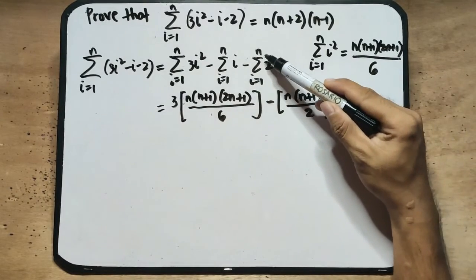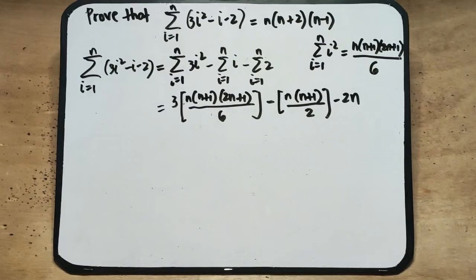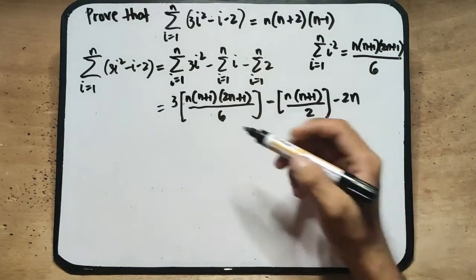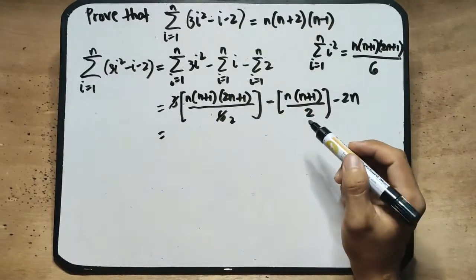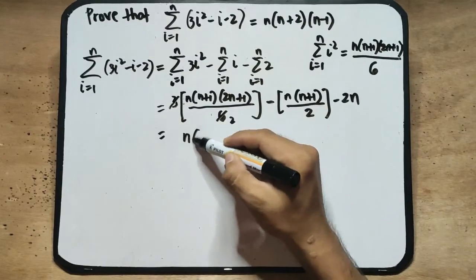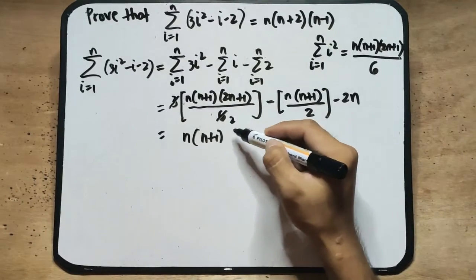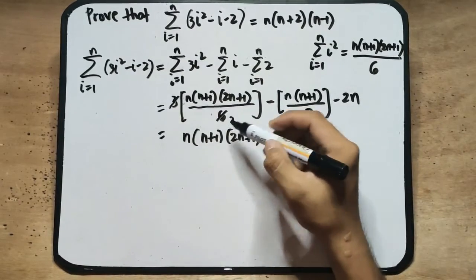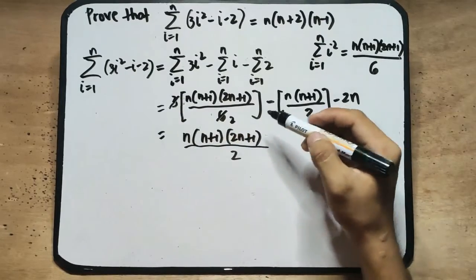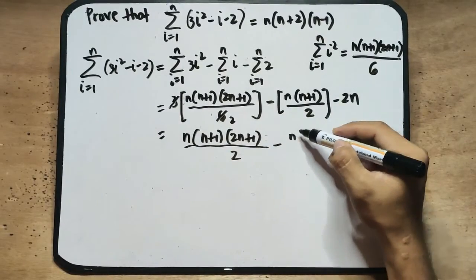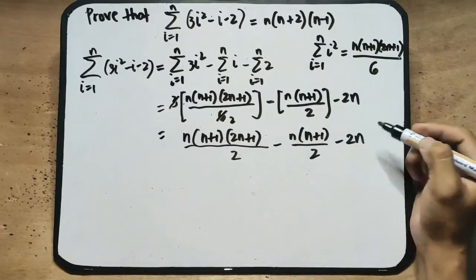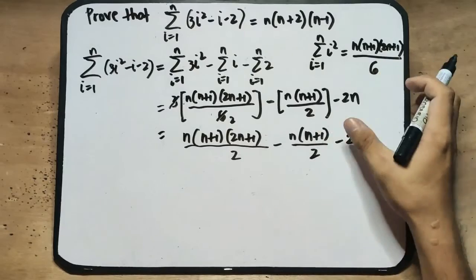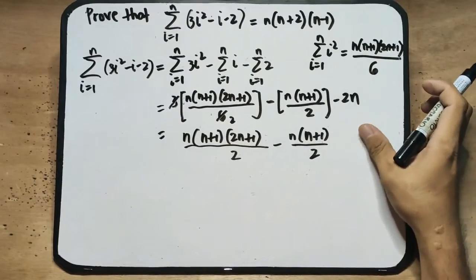Kasi constant term siya, we simply multiply it by n. So, mawawala na to. This will become 2. So, we have n times n plus 1 times 2n plus 1 all over 2 minus n times n plus 1 all over 2 and then minus 2n.